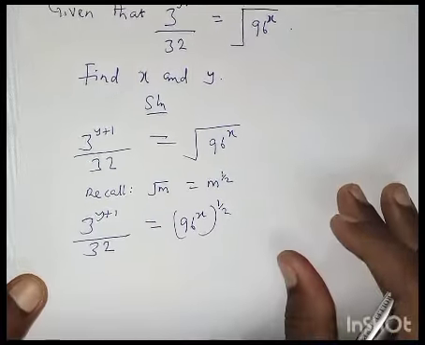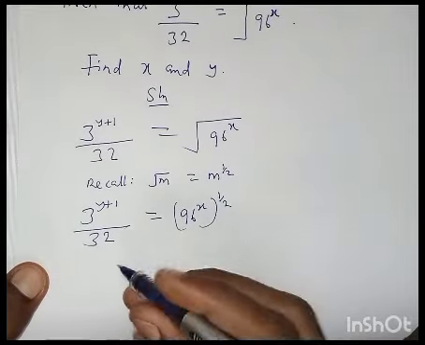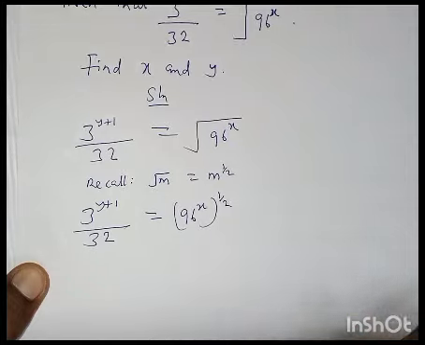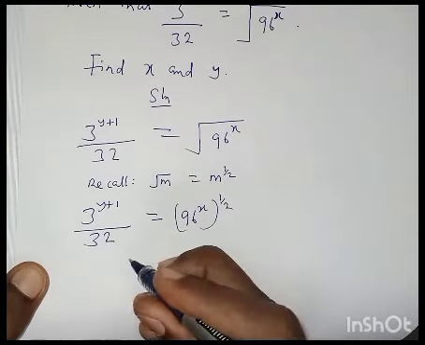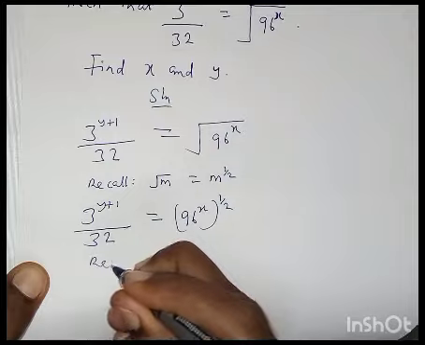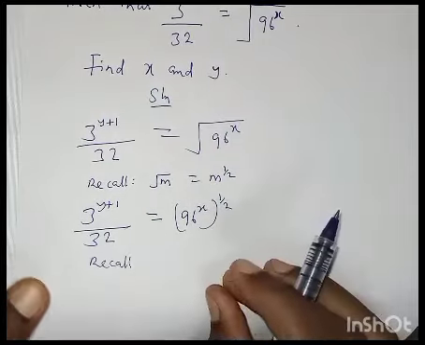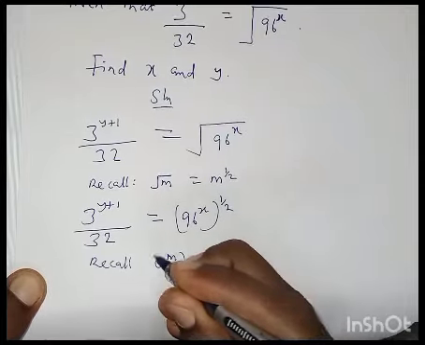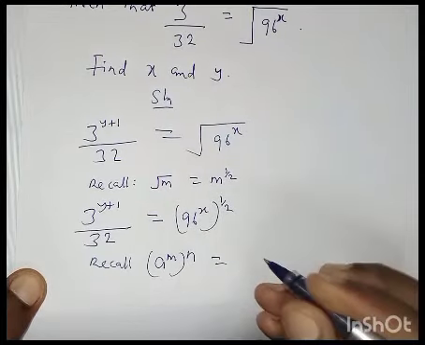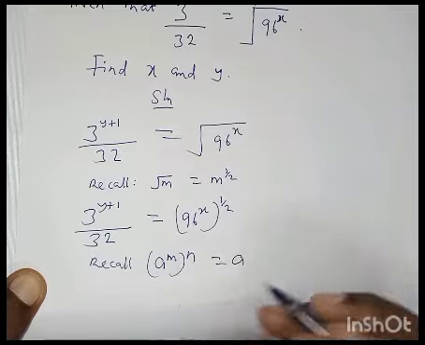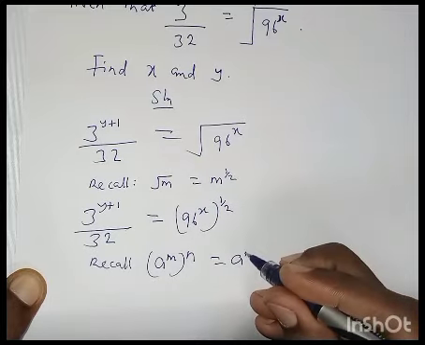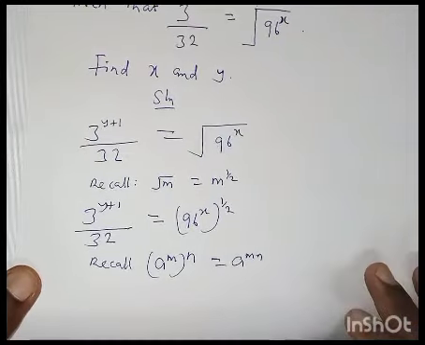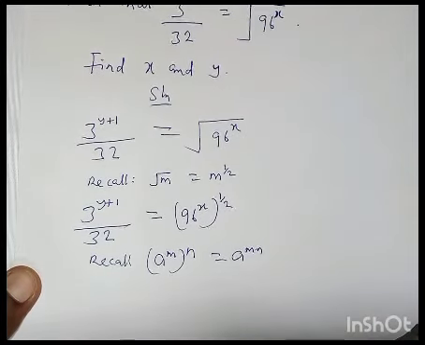Now we also know that if you have a power raised to a power, then you multiply the powers according to laws of indices. If you have (a^m)^n, this is the same thing as a^(m times n). This is another law of indices that we need to recall here.